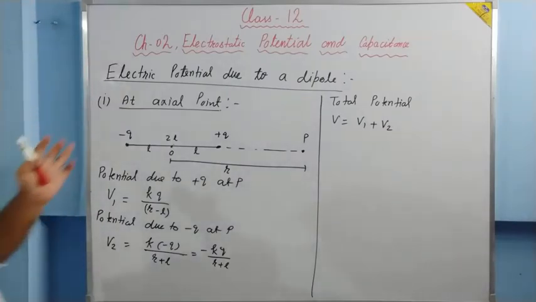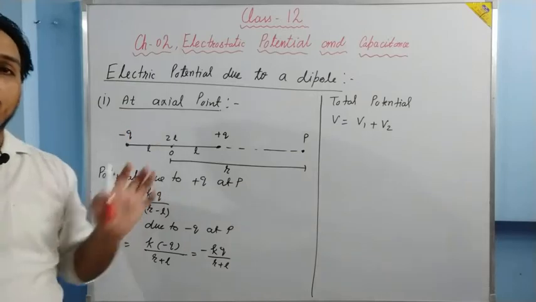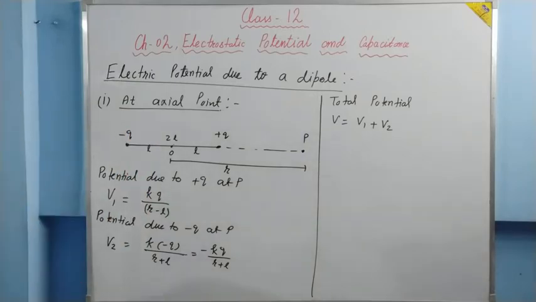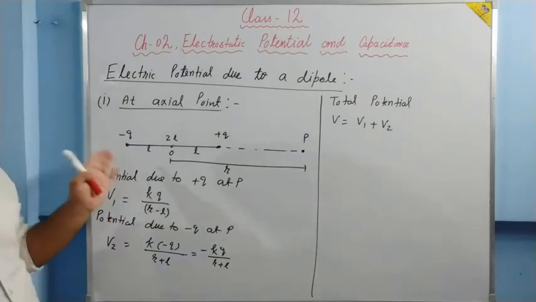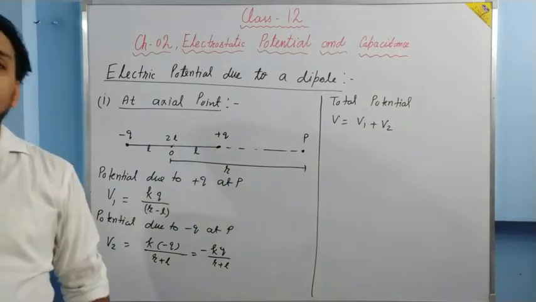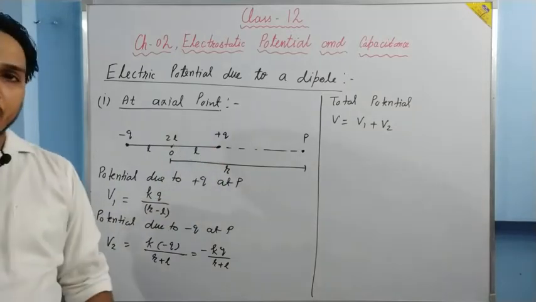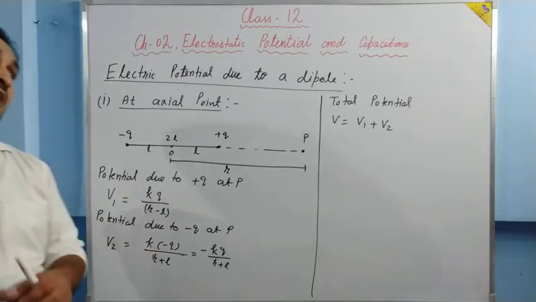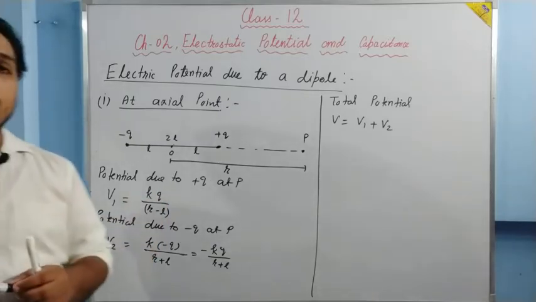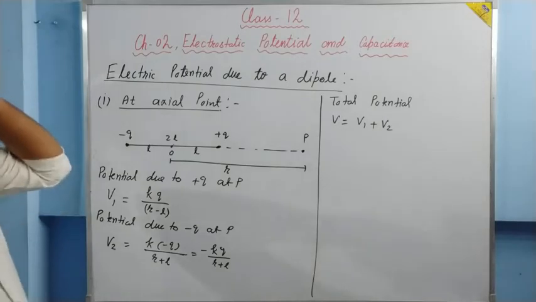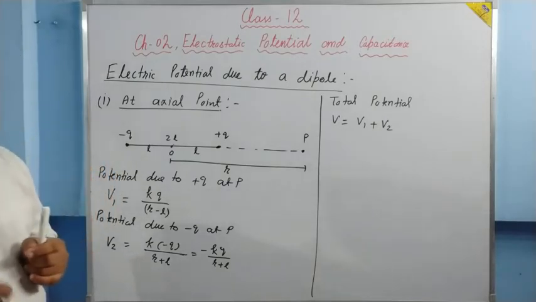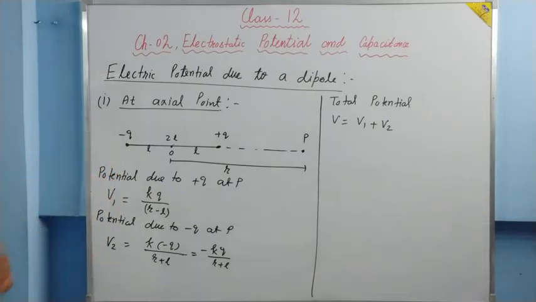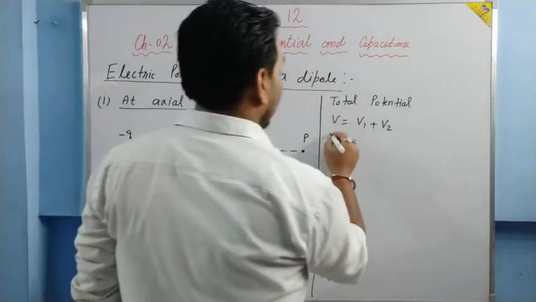So for a configuration of charge, if we have to calculate the potential, we calculate the potential due to individual charges and then simply we add them. Is it clear? Because it is a scalar quantity, there is no direction to be considered. Obviously with their sign.